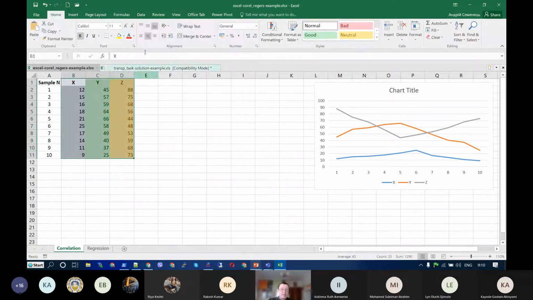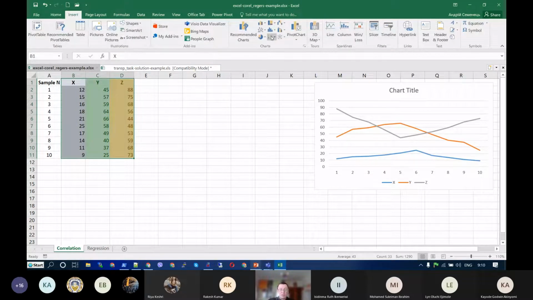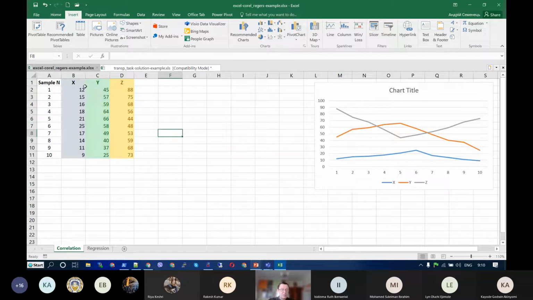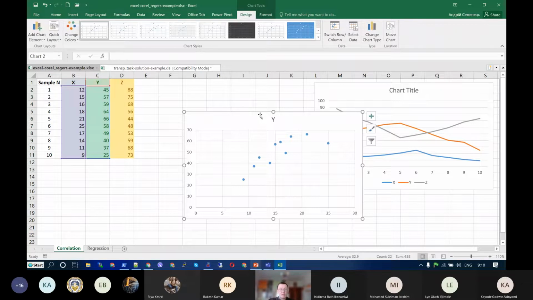If we now want to visualize possible correlation between data sets, it's a good idea to use a scatter plot, and this time it will be correct. So here we have the correlation between x and y, for example. Let me insert it.